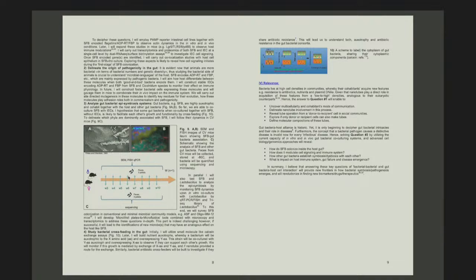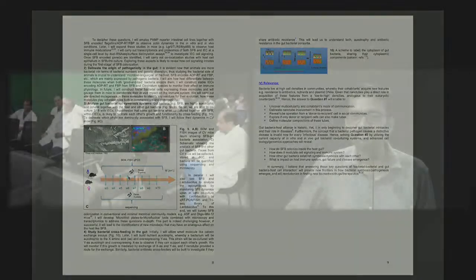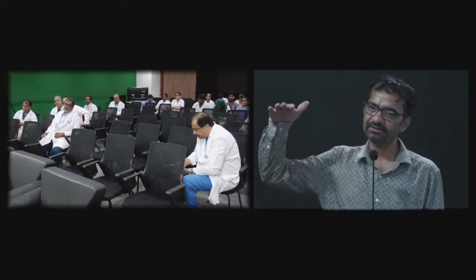Gnotobiotic mice are highly prone to infections, whatever level of biosecurity or sophistication you have. At the Pasteur Institute the facility was underground, so there is no noise, no infection, nobody can go in except trained people, and the mice are very prone. If they get noise, they lose the bacteria.